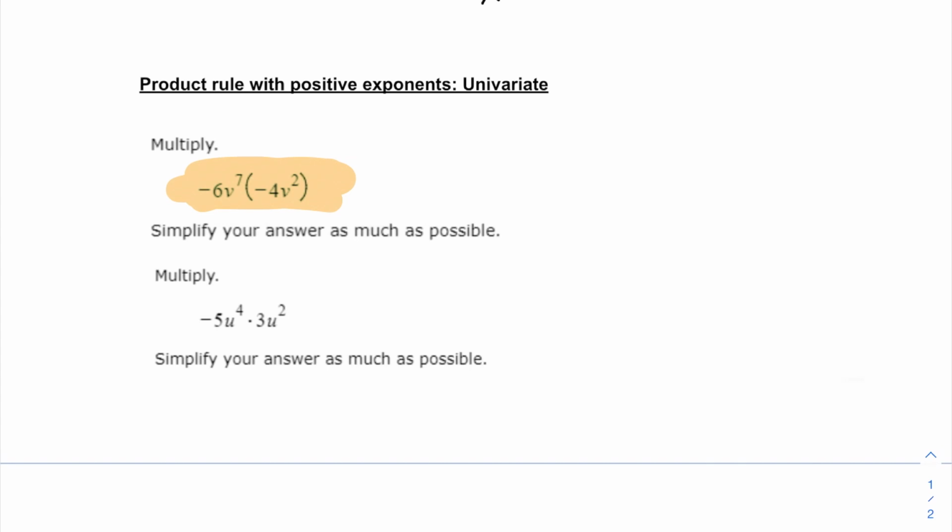So the next thing that I'm going to do is separate this up a little bit. And I'm going to ask you guys if you think this is the same thing. If I rewrote this as -6 times v to the 7th times -4 times v to the 2nd, would you agree that that is the same thing?